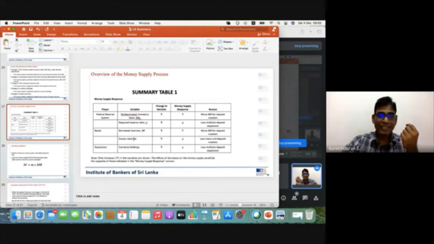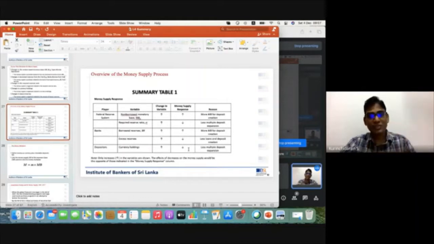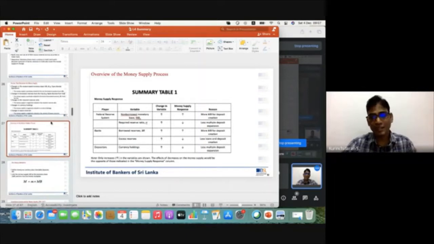But when the excess reserve increases, the money supply decreases because you won't do the deposit creation. And when depositors hold more currency, the multiple deposit expansion decreases, so the money supply response decreases. This is what happens in all five scenarios. If you can understand this, you are clear.